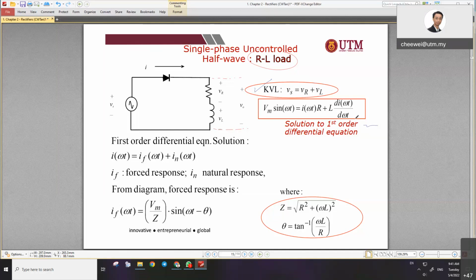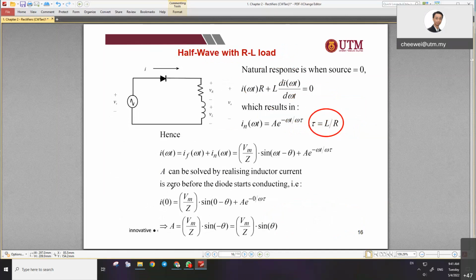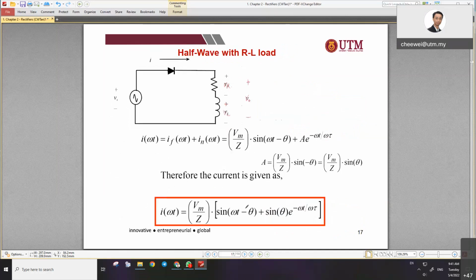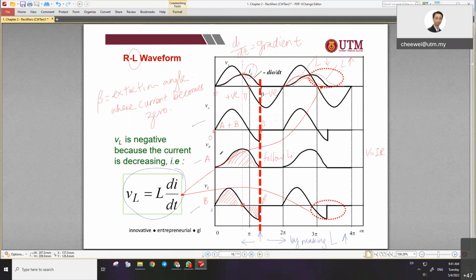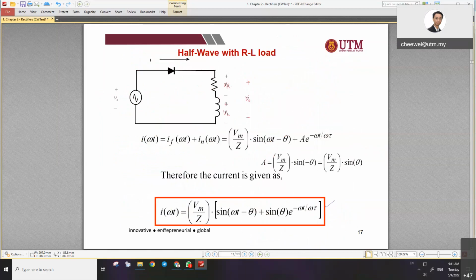So you need to know that this equation is actually obtained using the forced response and the natural response. What we are interested in here is the output of these responses. From the responses, you get this finalized equation: I, the current that flows in this circuit, the one that we say goes uphill and downhill and stops at beta, can be expressed by this equation.